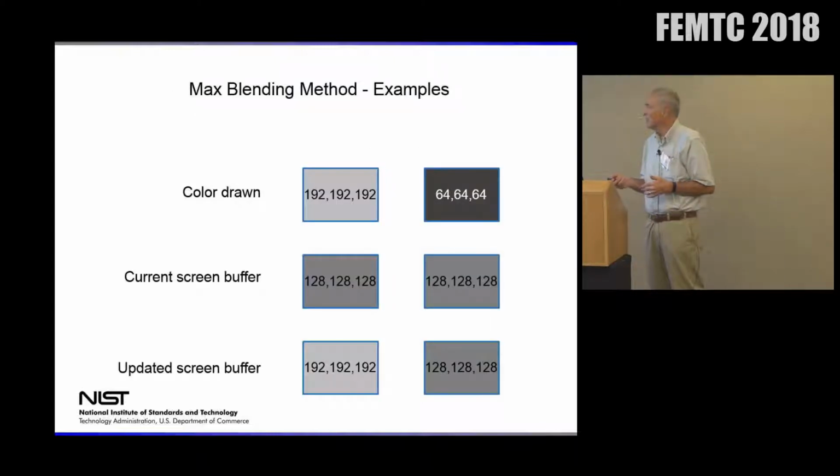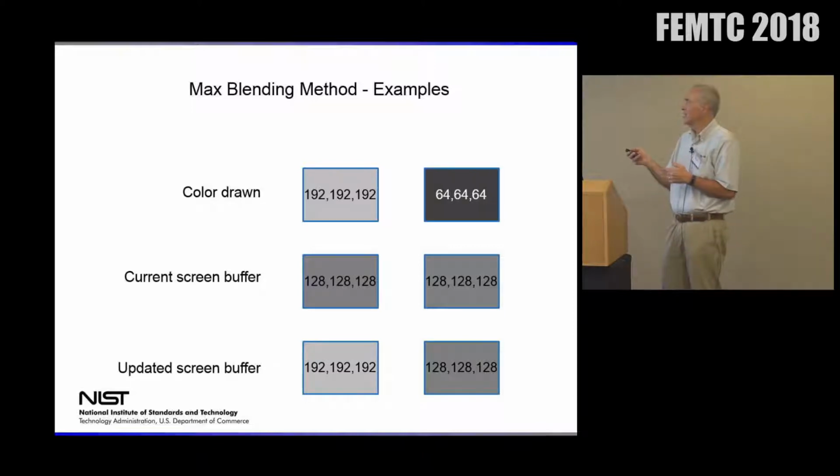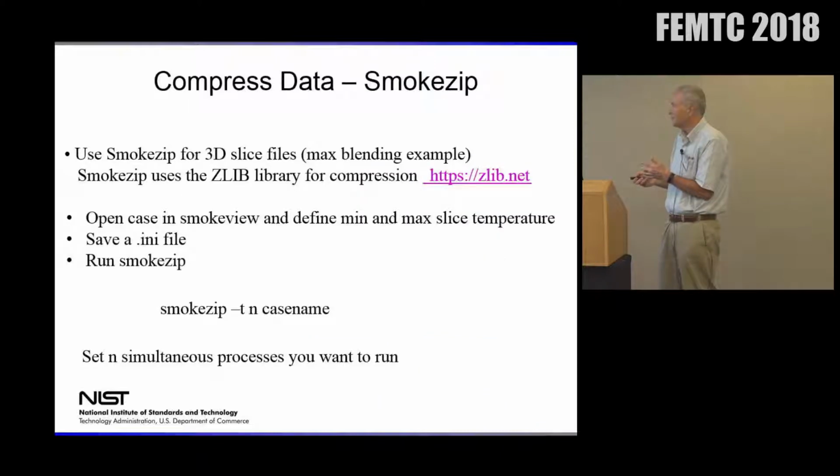So here's an example. You've got a gray with RGB values of 192 each, and the current screen buffer is 128 each, so it's a darker gray. So the max algorithm would use the 192, whereas in the blending case, you wouldn't replace the 64s.